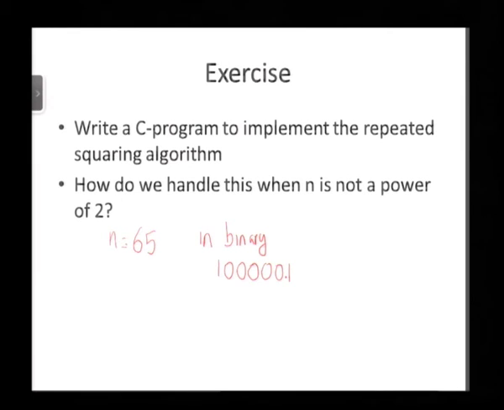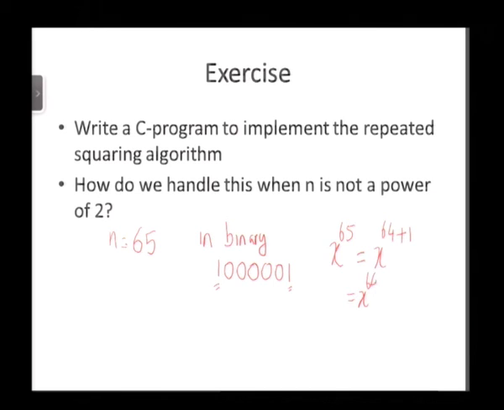So, this contributes the value 1, this is 2 power 0, 2 power 1, 2 power 2, 2 power 3, 2 power 4, 2 power 5, 2 power 6. So, this is 64 plus 1 in binary, this is 65, and what we want to do is compute x power 65, and if you write this carefully, this is equal to x power 64 plus 1, this is x power 64 multiplied by x power 1.